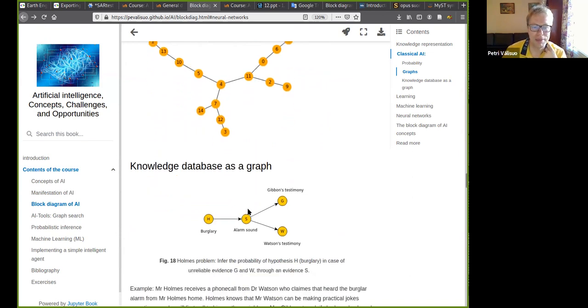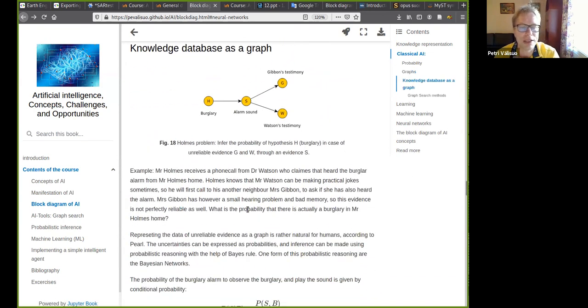So then some example about using graphs for representing knowledge. In this case, this is now some belief network. So this tries to describe some kind of belief system between different nodes.